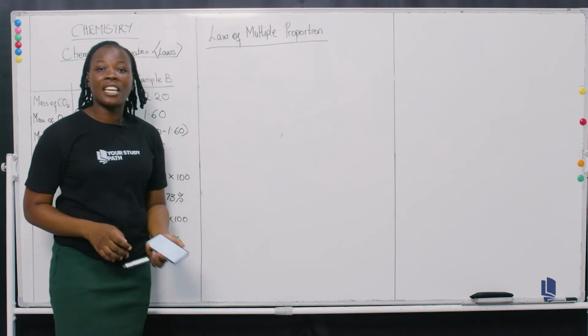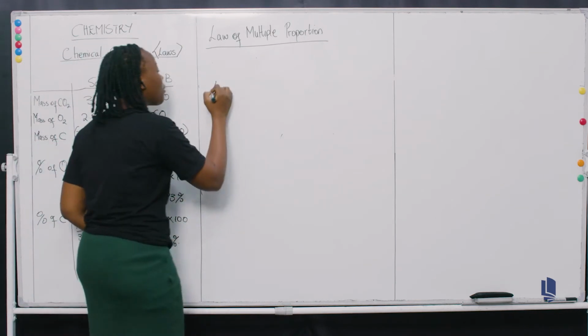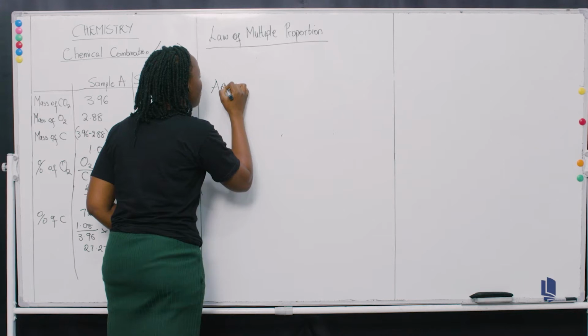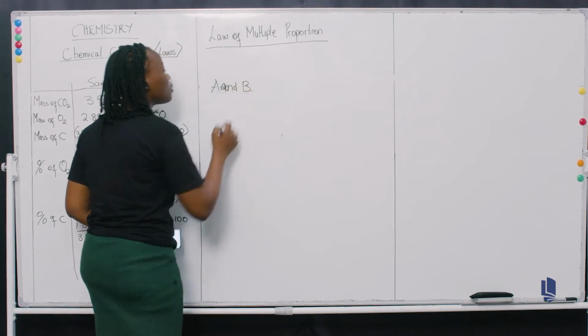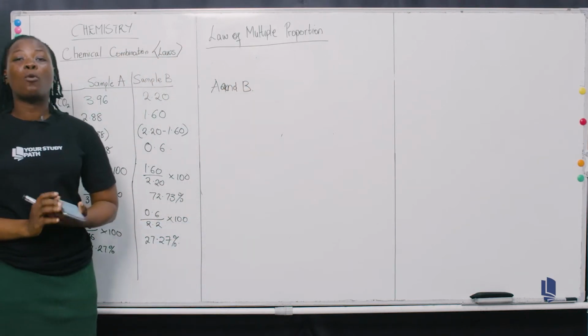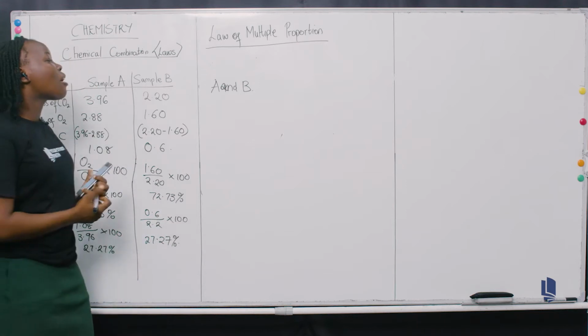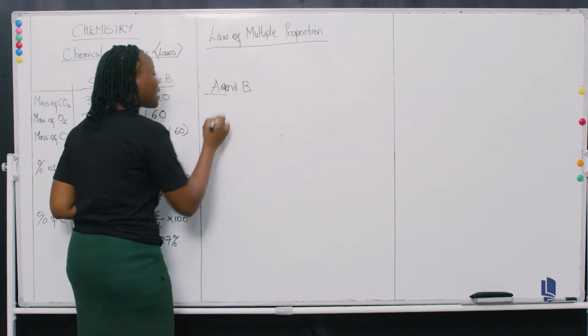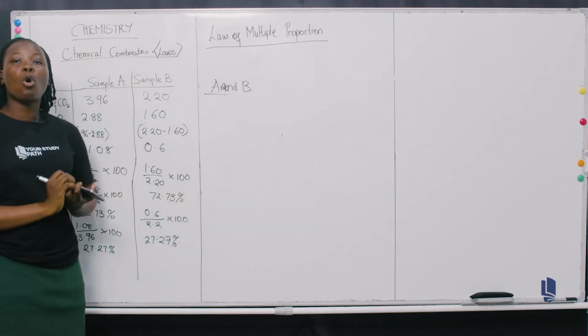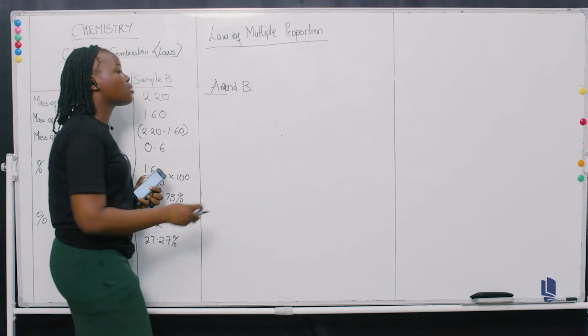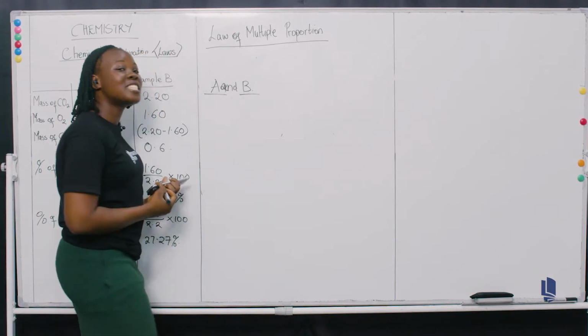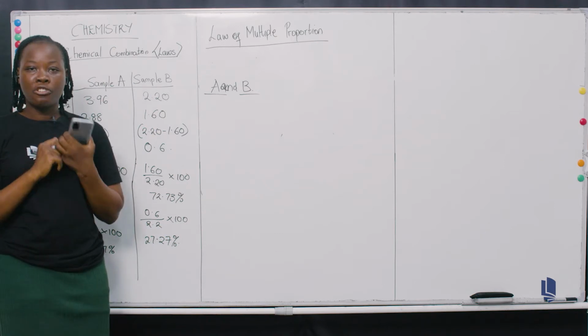This law states that if elements A and B combine to form more than one compound, several masses of element A will combine with a fixed mass of element B in simple whole number ratio.